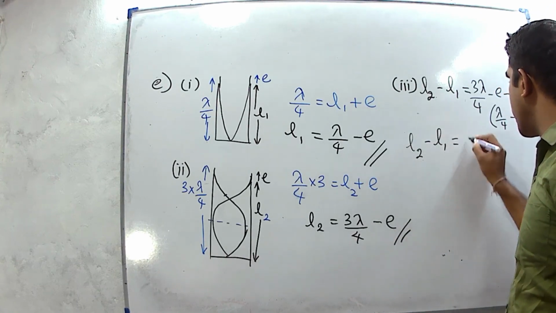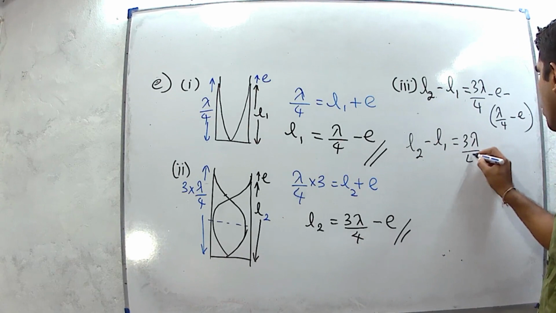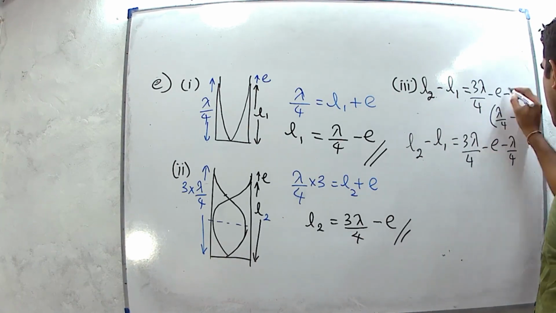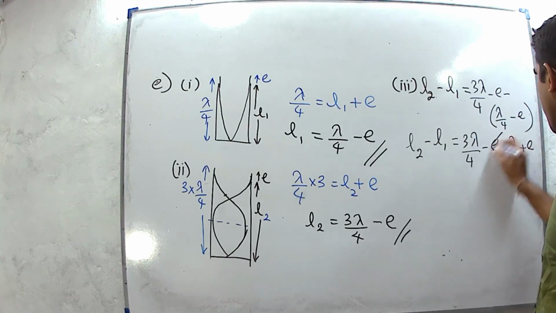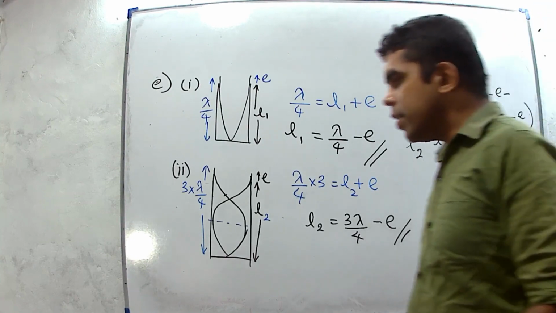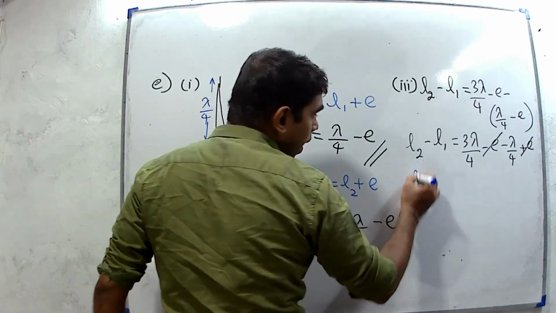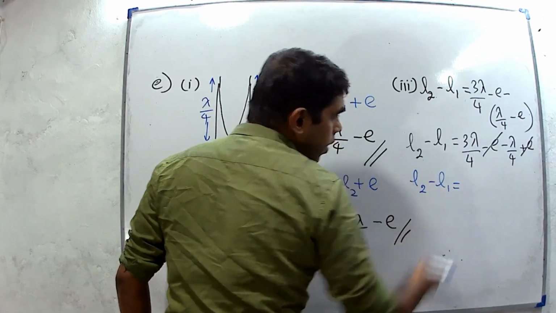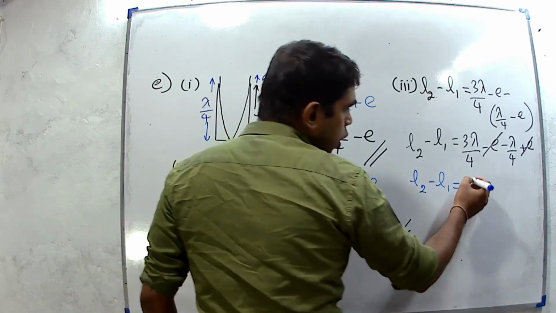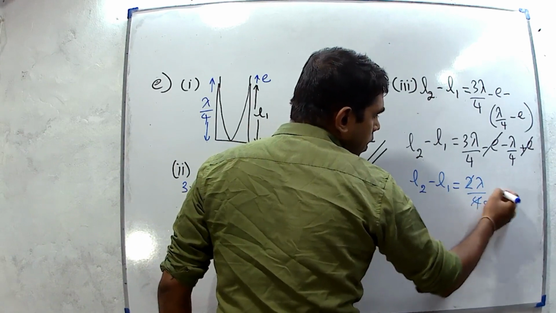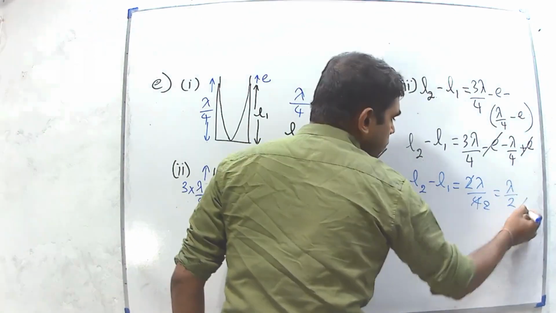L2 minus L1 equals 3 lambda over 4 minus C minus lambda over 4 minus into minus plus C. End correction is cancelling. Then L2 minus L1 equals 2 lambda over 4. It means lambda divided by 2.